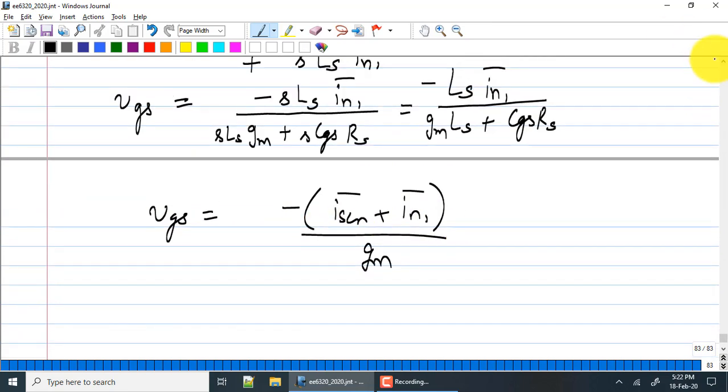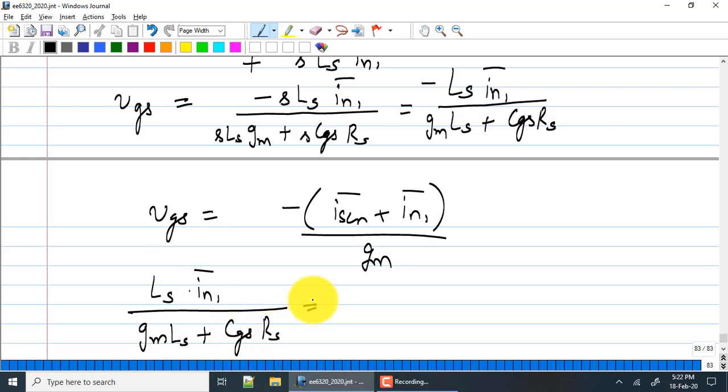Okay. So LS times IN1 by GM LS plus CGS RS is equal to ISCN by GM plus IN1 by GM.